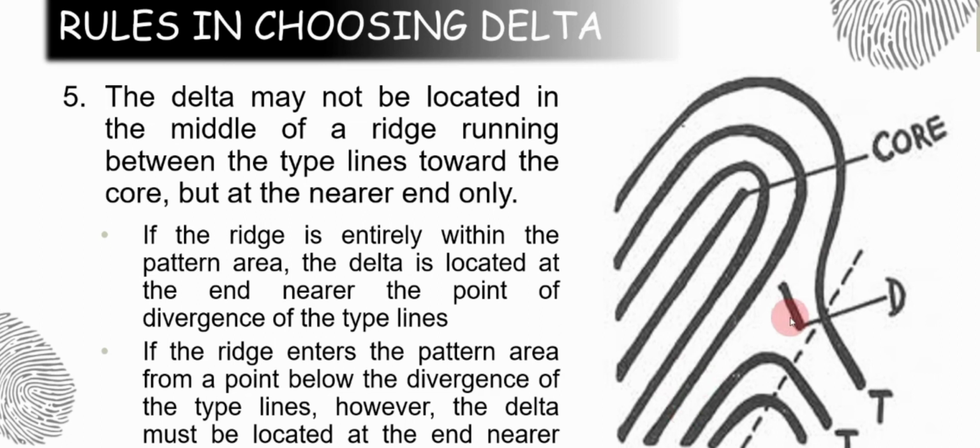If the ridge is entirely within the pattern area, the delta is located at the end near the point of divergence of the type lines, not the end near the core.